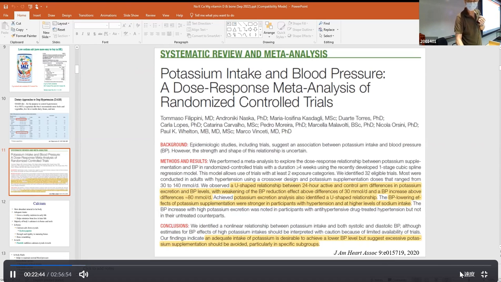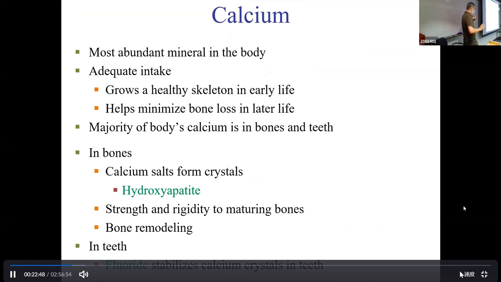Now, what we're going to do is leave this and go to calcium. The majority of the time we'll talk about calcium and vitamin D. We'll talk about calcium first, then vitamin D, and then magnesium, because they are more or less interrelated.